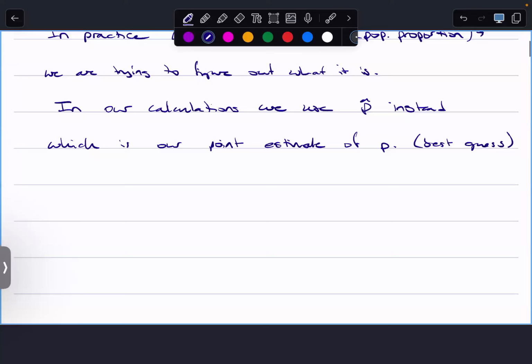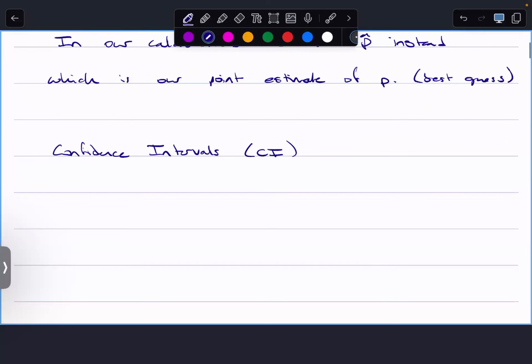And so for confidence intervals, which we introduced last day as well, we have some conditions that we need to check. And what we said was, okay, these are kind of long, but they'll always check out.